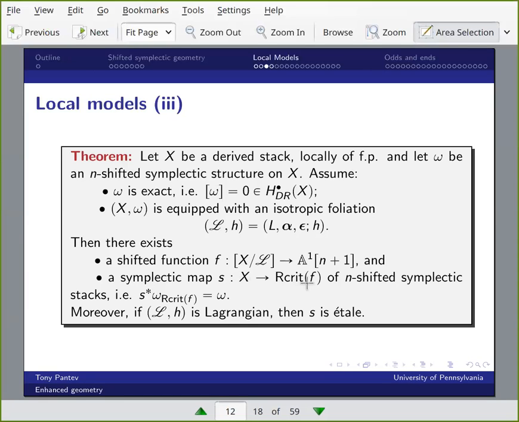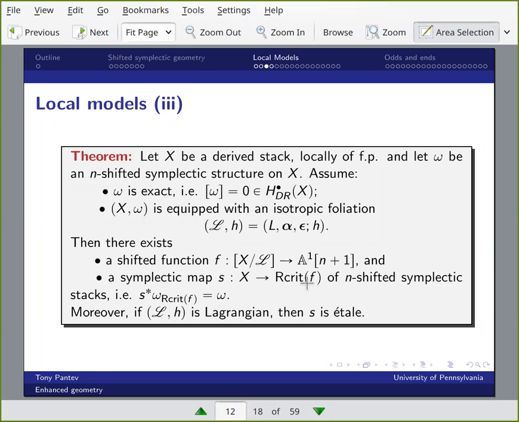The punchline is that if you have an exact symplectic form, and if you have a Lagrangian, well, at least an isotropic foliation, but even a Lagrangian foliation for that form, then your symplectic structure actually comes from a global potential.